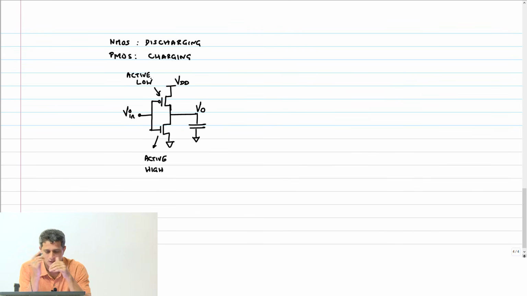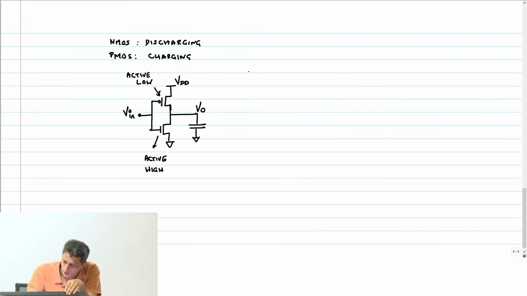Because I have to put an active high element in the discharge path and an active low element in the charging path, CMOS gates are always inverting in nature, right? Because when the input to the NMOS goes high, the NMOS discharges the capacitor, which means if the input goes high, the output will fall, and vice versa.